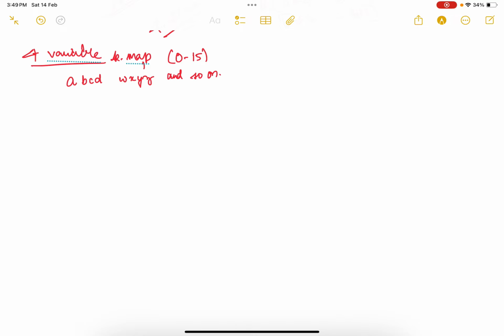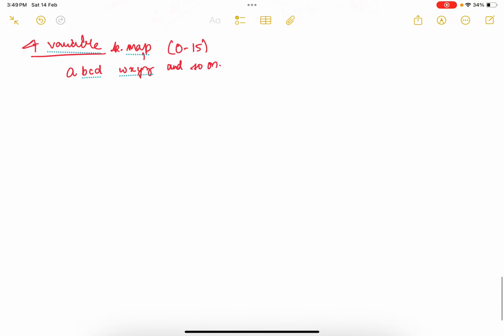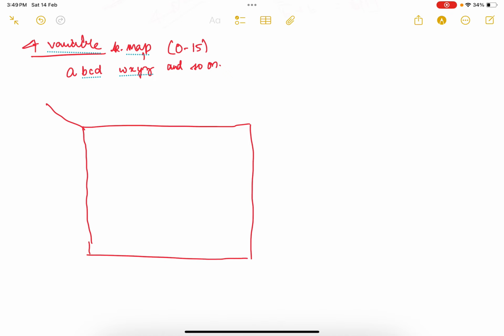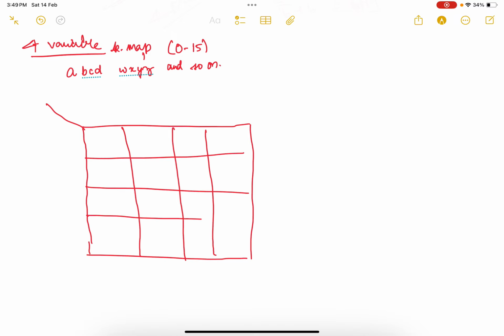In our 4 variable K map, we are going to deal with a 4 cross 4 matrix. So this is the 4 cross 4 table, which will have 4 columns and 4 rows, and here we have 4 variables, that is A, B, C, D.